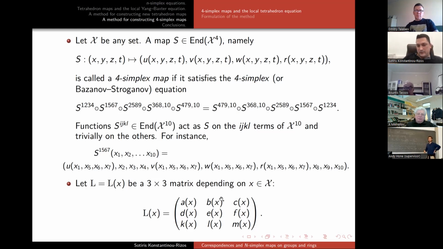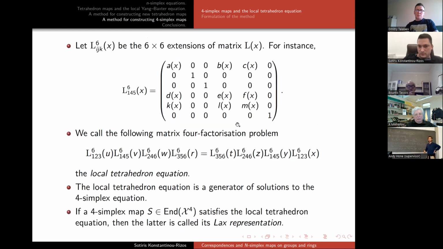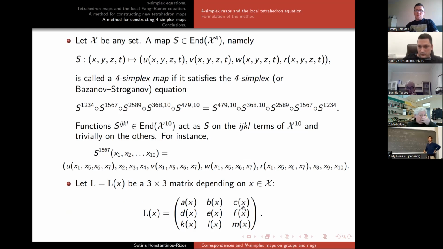But when experimenting, it turns out that the local N-simplex equations are different when N is an even number and when N is an odd number. The tetrahedron equation is a 3-simplex, so the local tetrahedron equation is the local 3-simplex equation. 3 is an odd number, and that's why you have all these restrictions on the number of non-zero elements.